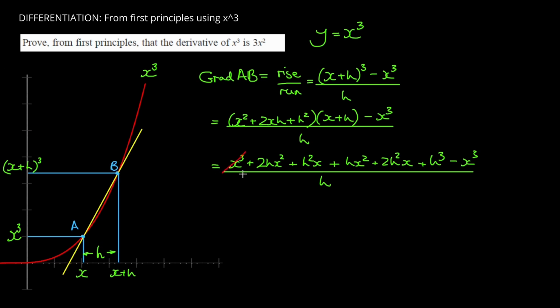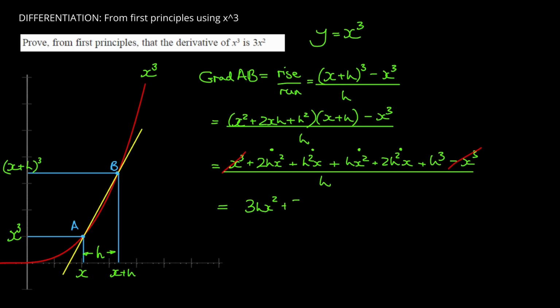Straight away, the two x cubed terms cancel each other out. So gathering up what's left, the x squared terms, we've got one here and we've got one here. So we've got 3hx squared. Now the x terms, we've got one here and we've got another one here.